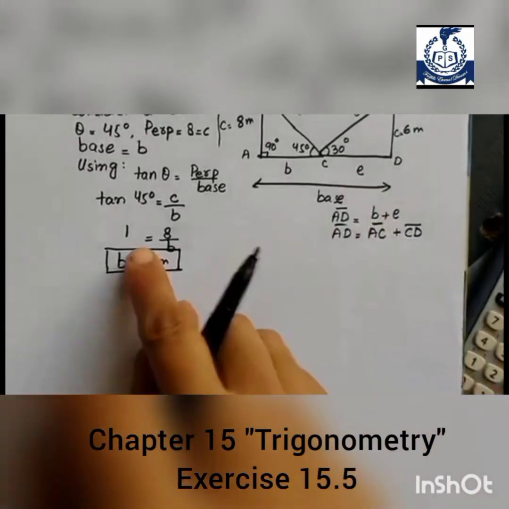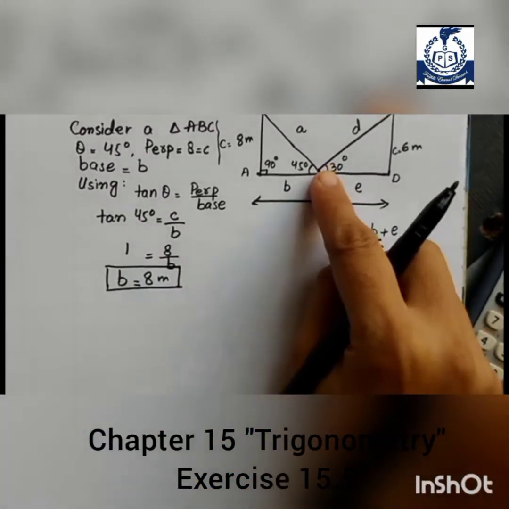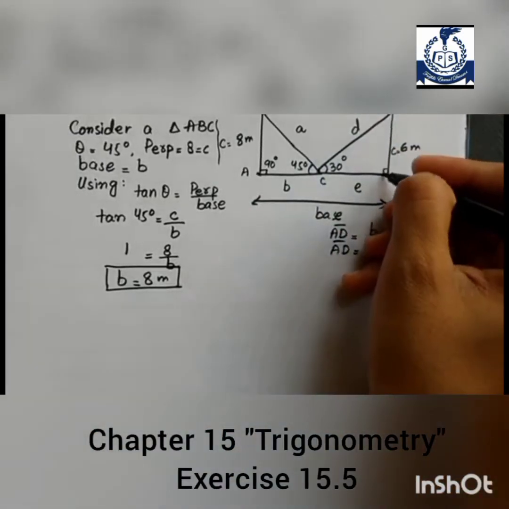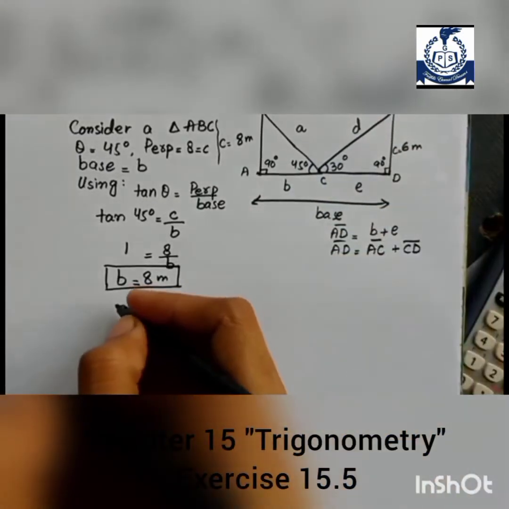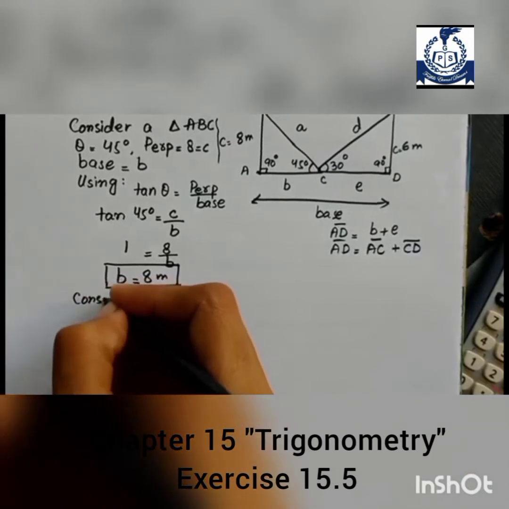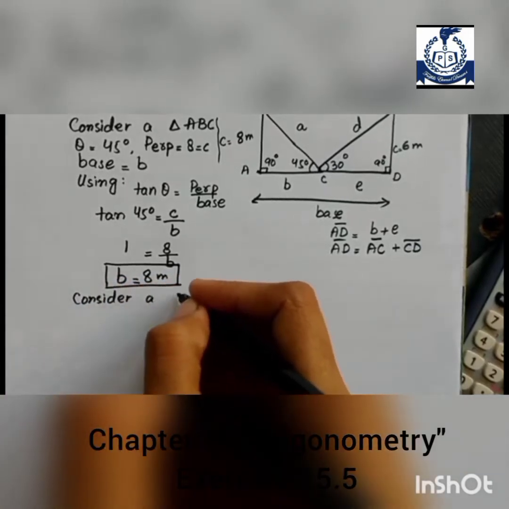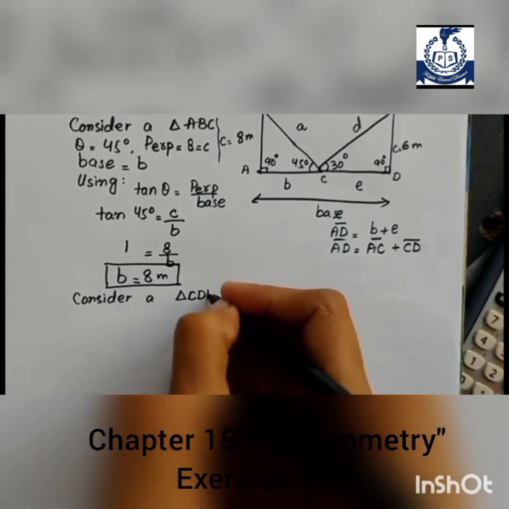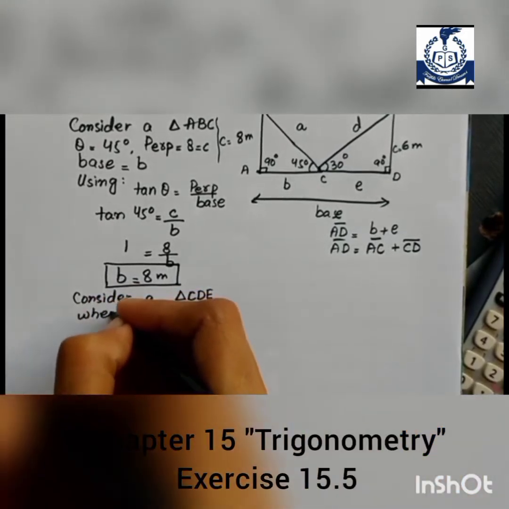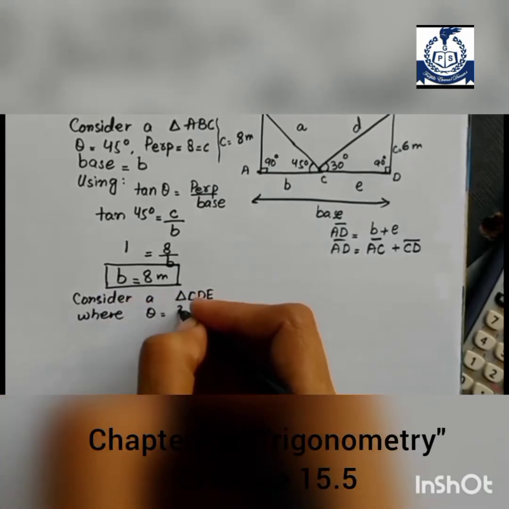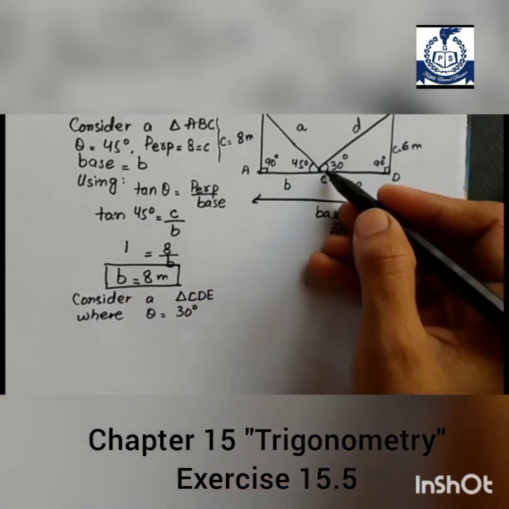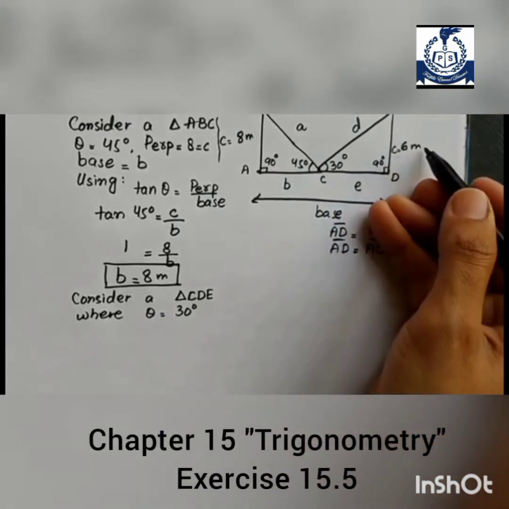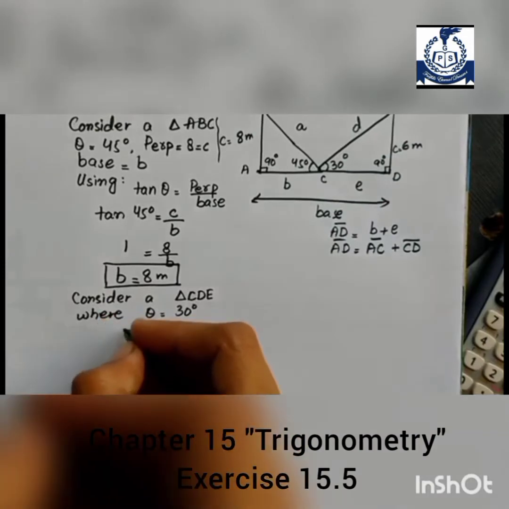Then I find the width of the next angle, which is C, E and D. So consider a triangle C, D, E, where theta is equal to 30 degree, and the opposite side of the angle is the perpendicular, which is denoted by small c and is equal to 6 meters.